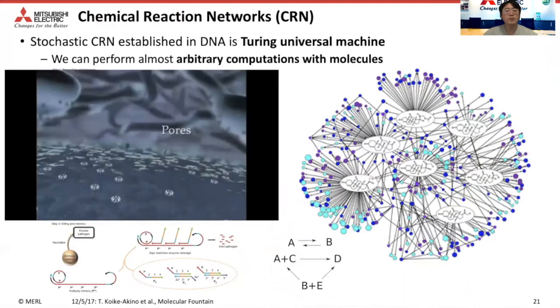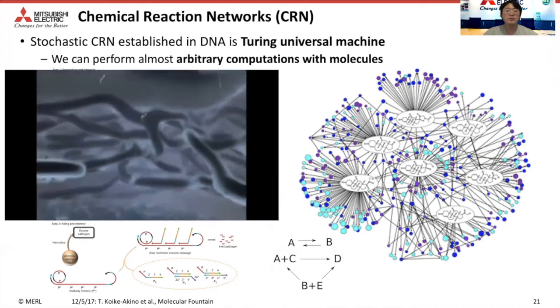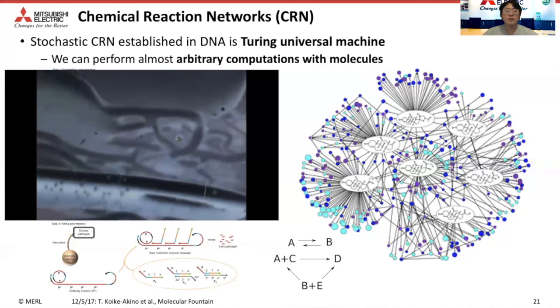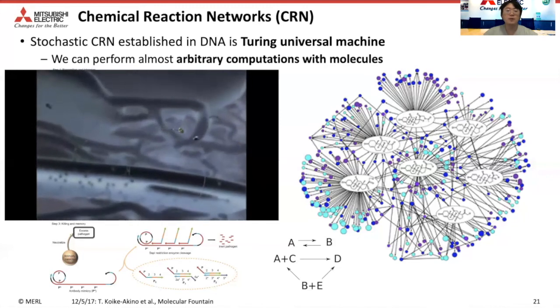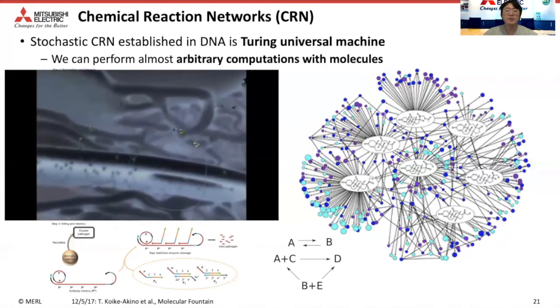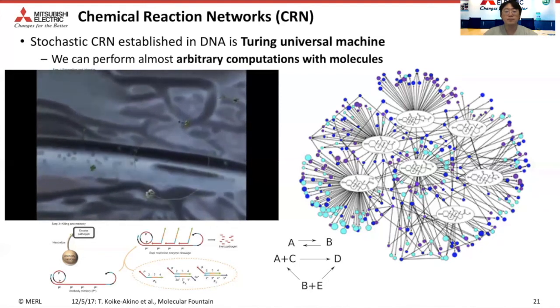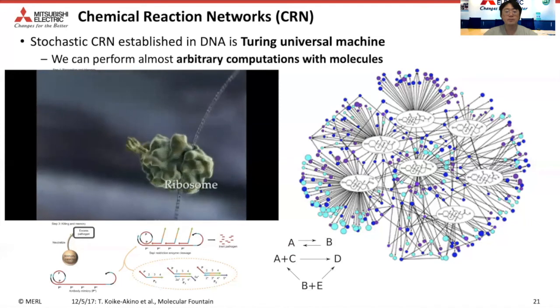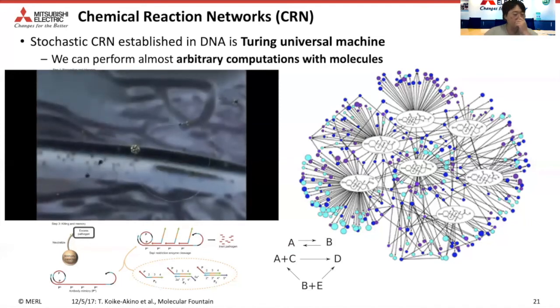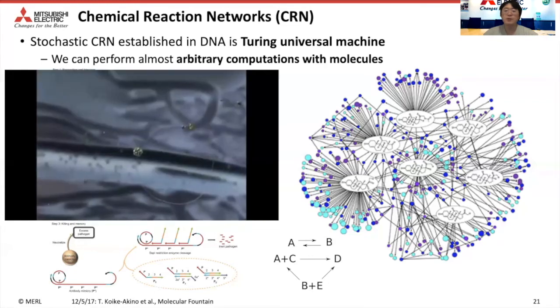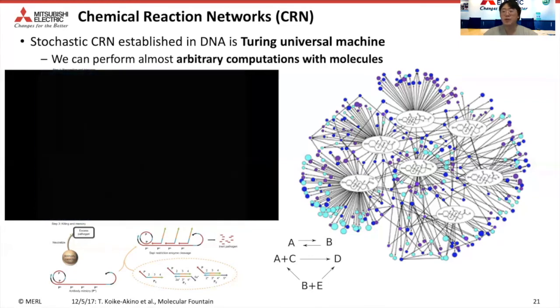Given DNA strands, many molecules can be generated, and those molecules can react with each other, and very complicated behaviors can be established. And it is known that a stochastic chemical reaction network is a Turing universal machine. Therefore, we can perform almost any arbitrary computation using just molecules.